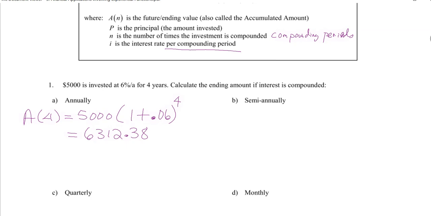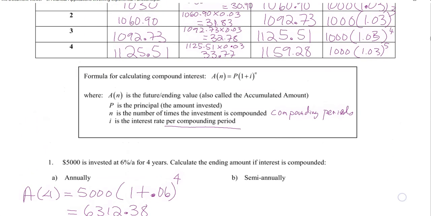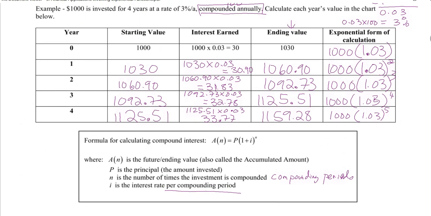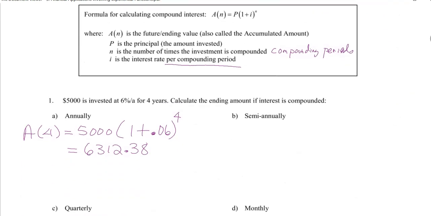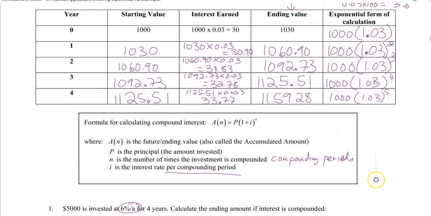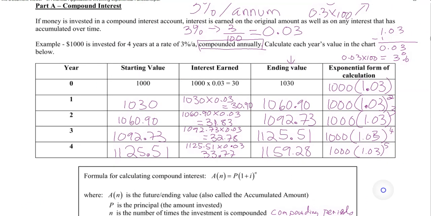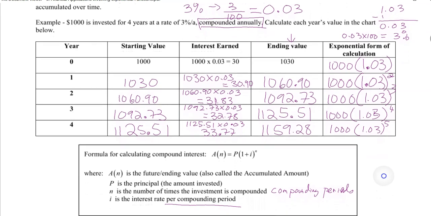A student asks why in the first example, in the exponential form of the table, we had 1.03, and in the second one we did 1 plus 0.06, making it 1.06.